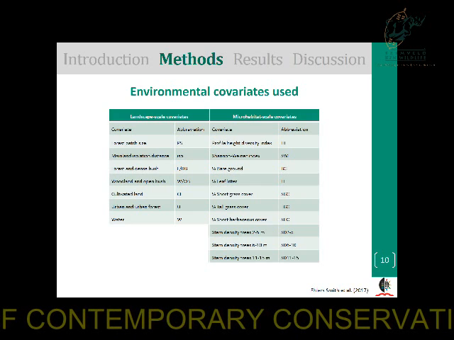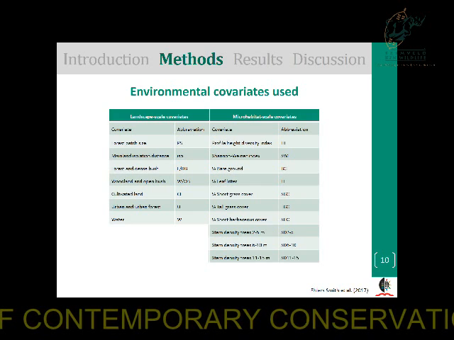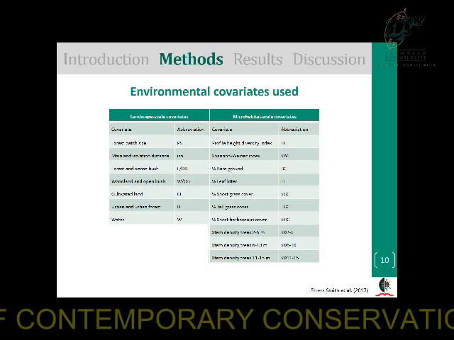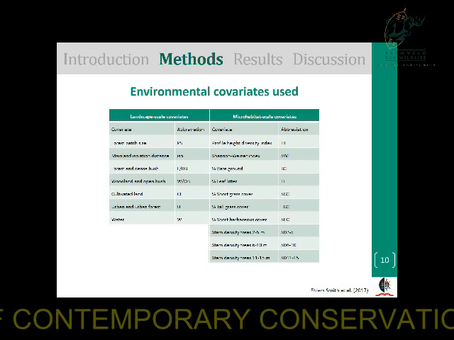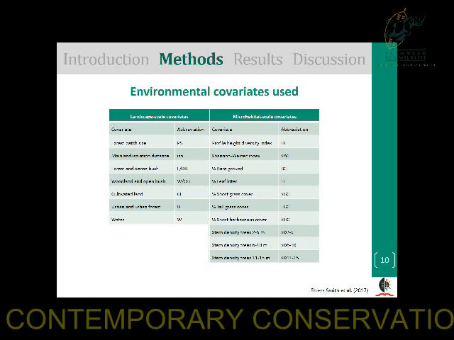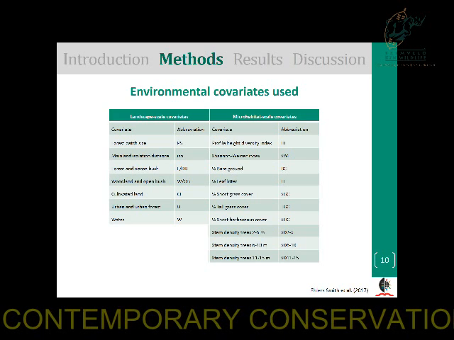And then at the microhabitat scale, we had our foliage height diversity index, our Shannon-Wiener index, and percentage of bare ground, leaf litter, short grass cover, tall grass cover, short herbaceous cover, and then the stem density of trees at 2 to 5, 6 to 10, 11 to 15 metres.